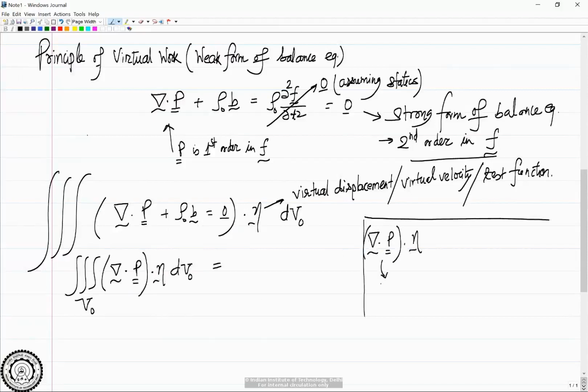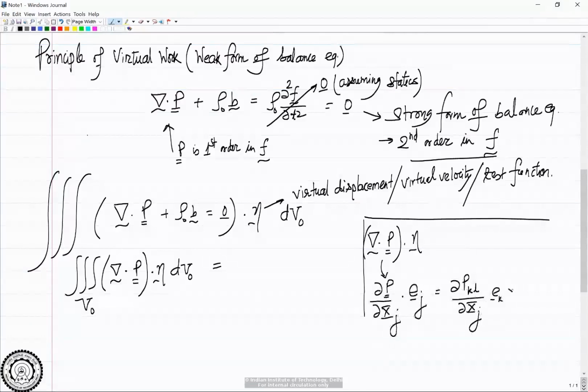So this divergence dot P, you can recall, is del P over del xj dot product ej, isn't it? And then when you expand P, this is del P kl over del xj, ek tensor product el, and then dot with ej.